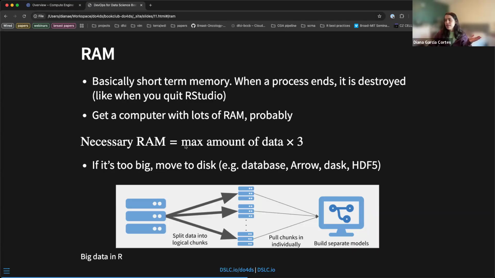It says the maximum of data times three, and if it is too big, then you can use a disk and some tools. I guess what those tools do is all of the input output operations, but they make it seem like everything is in RAM, but it's actually not.